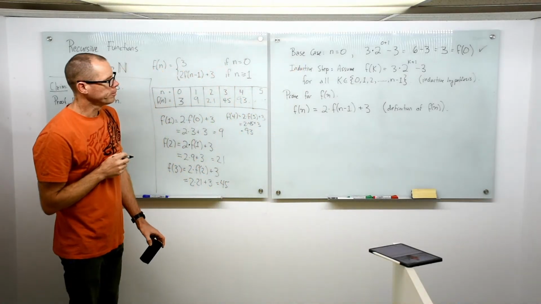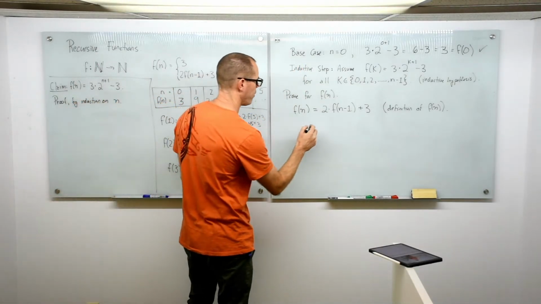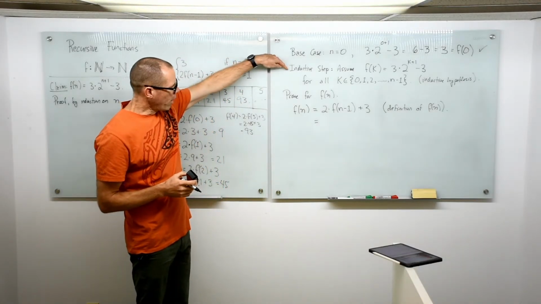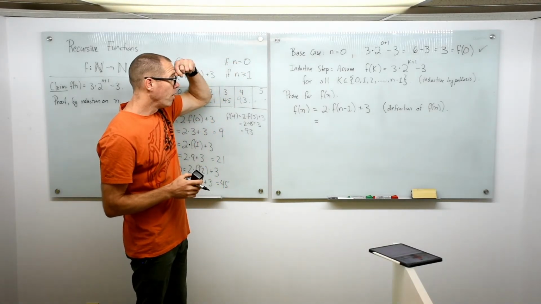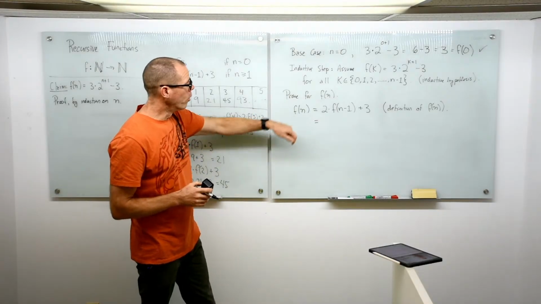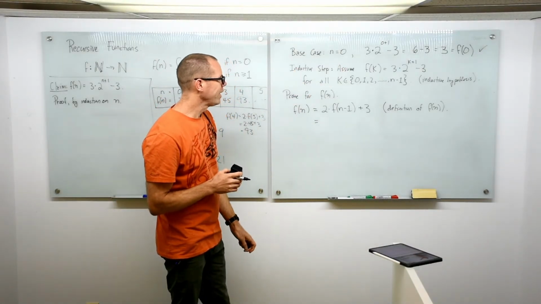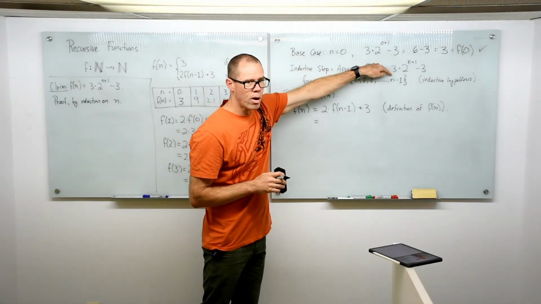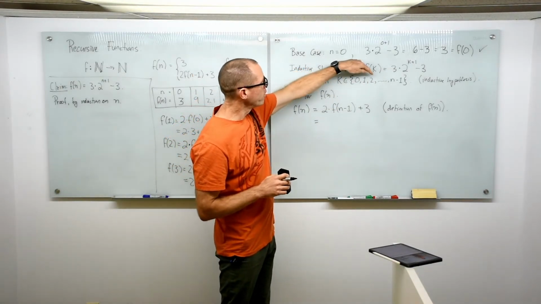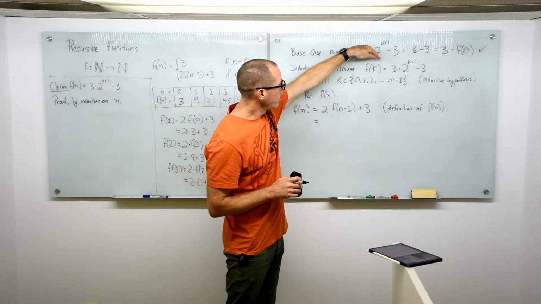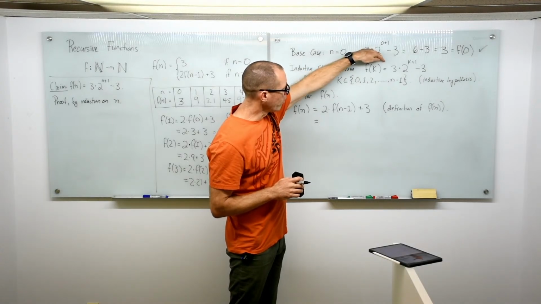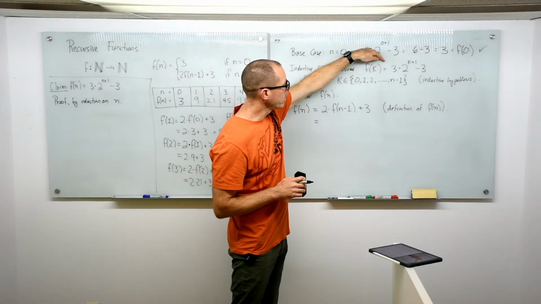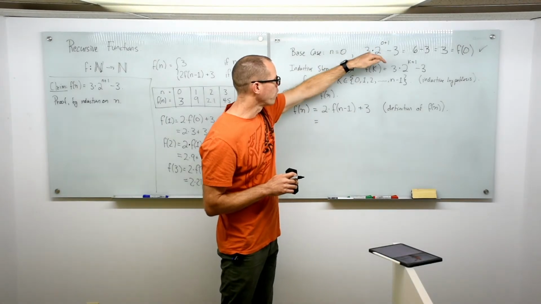No leap there. Now, we have this inductive hypothesis that says, well, we actually know the value of f of k as long as k is between 0 and n minus 1. In particular, we know the value of f of n minus 1. It's given by this formula here when you take k equal to n minus 1.